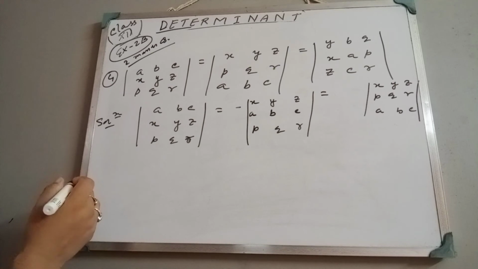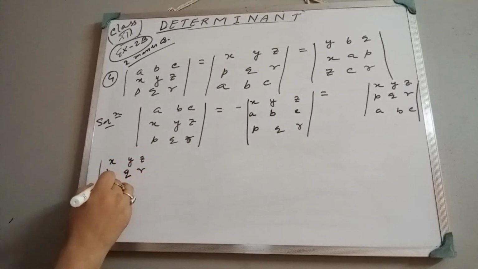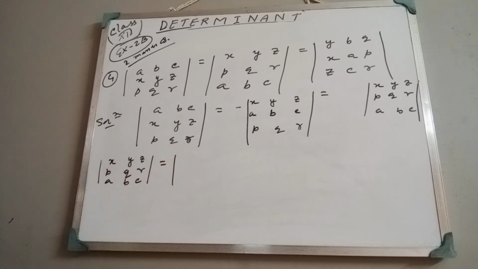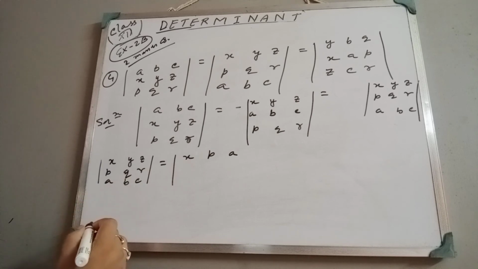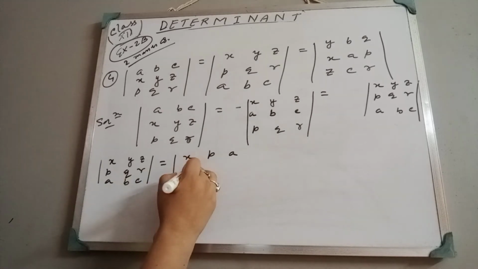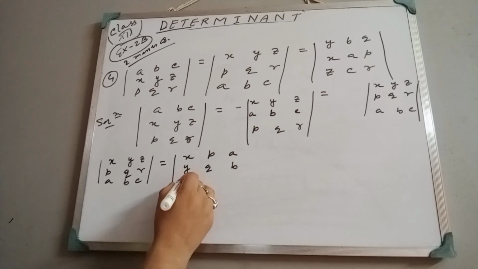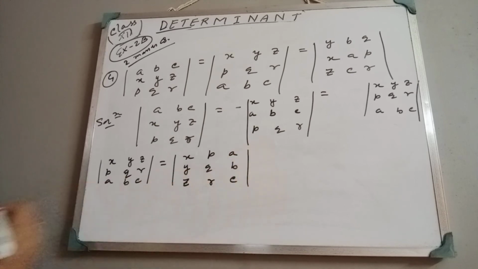Now again we will write X Y Z, P Q R, A B C, which equals, we will write X P A, first column written in first row. Similarly Y Q B, second column written in second row, and Z R C, third column written in third row.